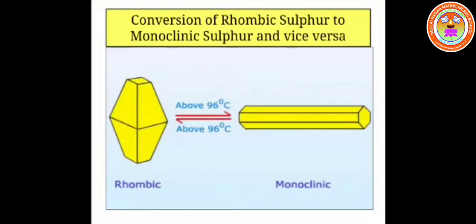Rhombic gets converted to monoclinic sulfur above 96 degrees Celsius. Similarly, monoclinic sulfur gets converted to rhombic sulfur below 96 degrees Celsius. Okay. So like that this conversion takes place.